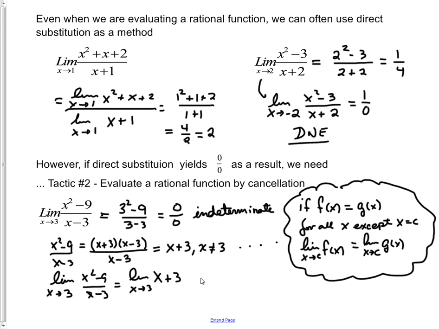In this case, that means it goes to the value 6, right? 3 plus 3, that's 6. And so that is actually our limiting value. And we found that on the basis of our rational function by canceling. All right, so this is another tactic. If we get 0 over 0, we're going to try and evaluate a rational function by canceling.